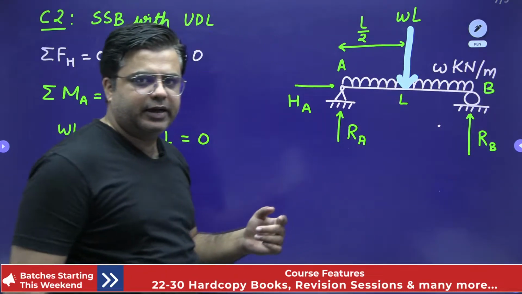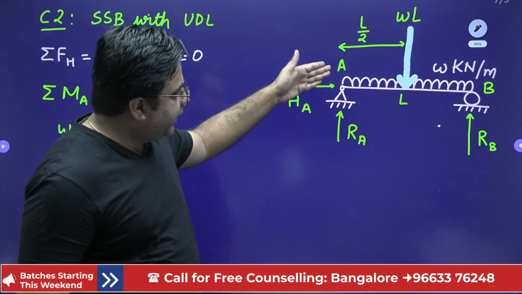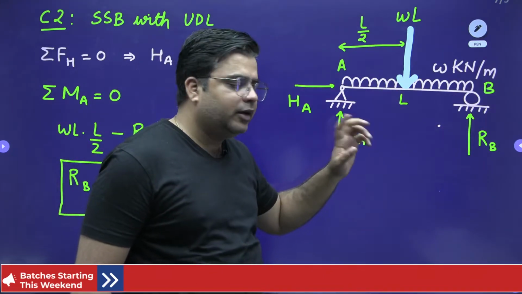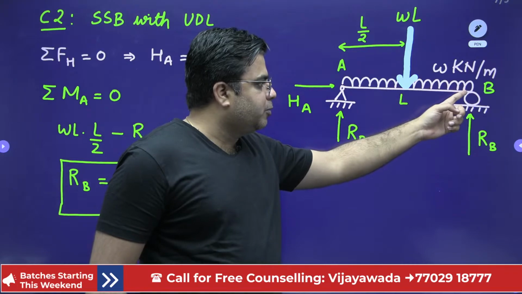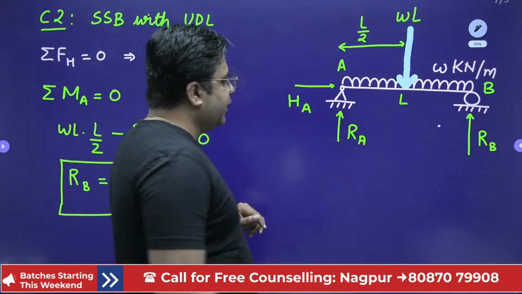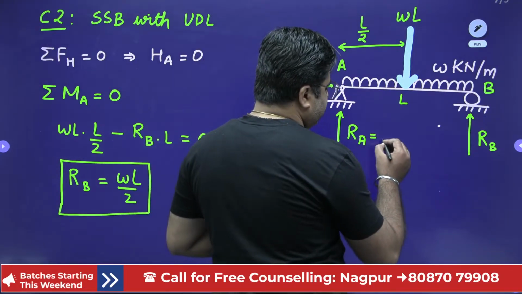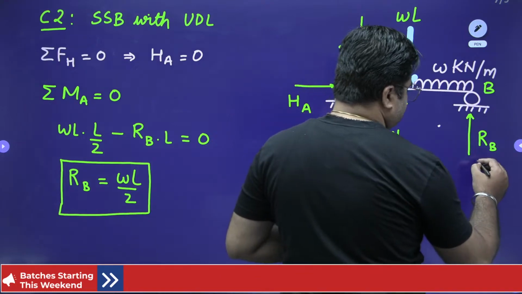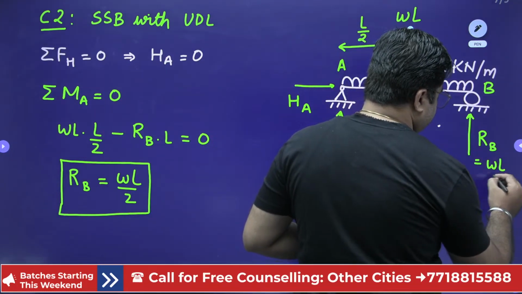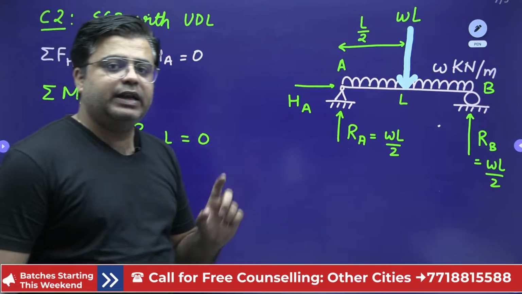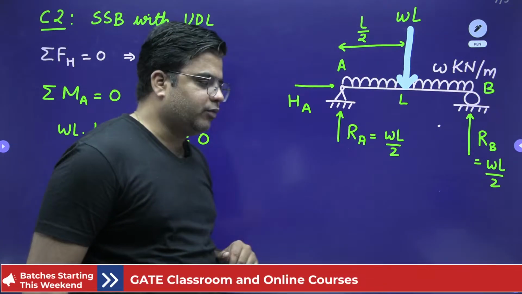The other method is to take the moment about point A to be 0, where you will get the value of RB as we have already calculated. Second is to take the moment about point B to be 0, from where you can get the value of RA. Or directly you can write RA equals RB equals WL by 2. So this is WL by 2 and this is also WL by 2. So we got the support reactions. The next thing is we need to write the shear force equation.